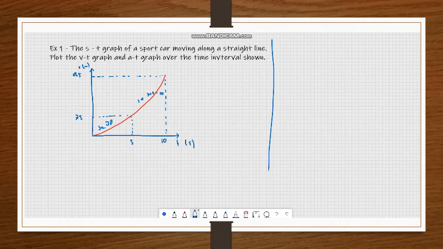So let's do it in two parts: the time between 0 to 5.